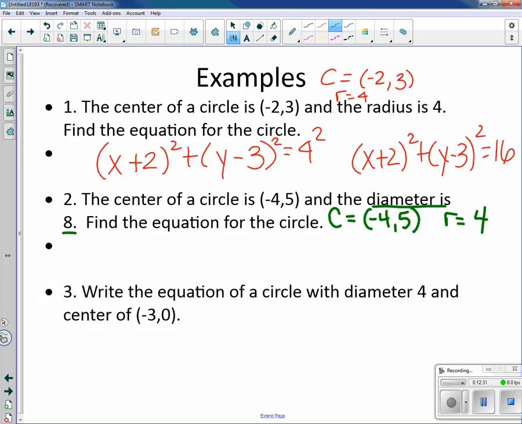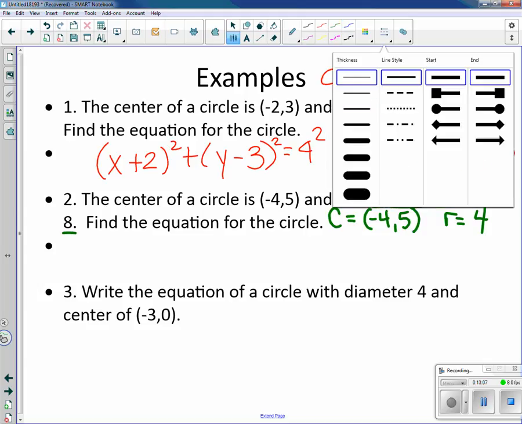Now you need to take these 2 and write my equation. Go for it. Write the equation. For the diameter, I divided it by 2, because it takes 2 radii to make a diameter.